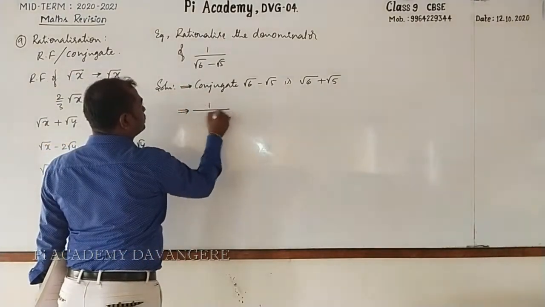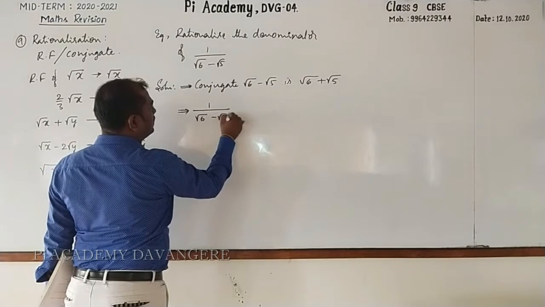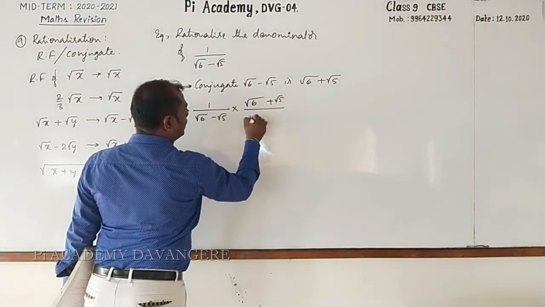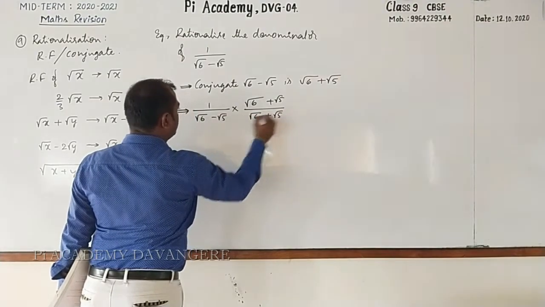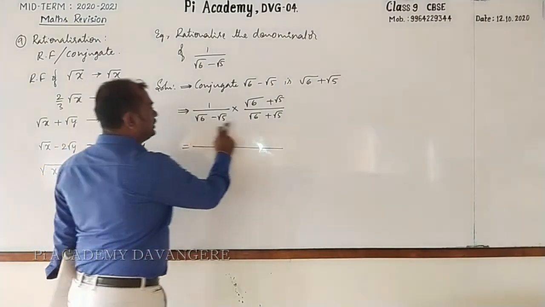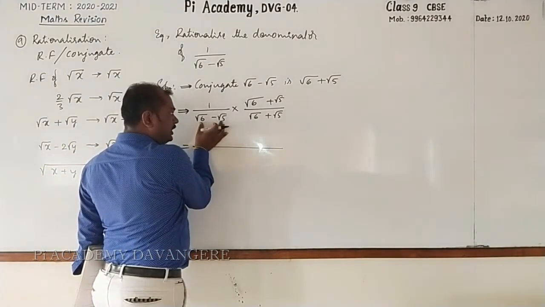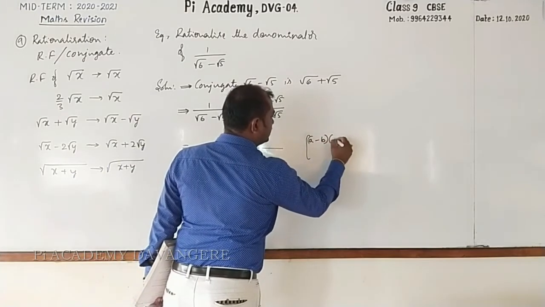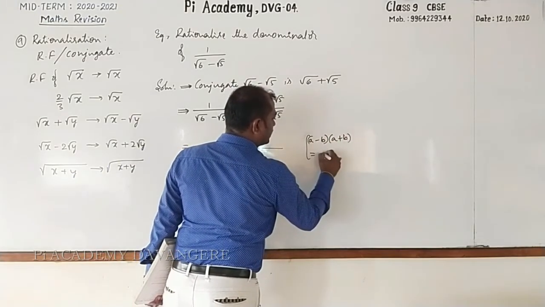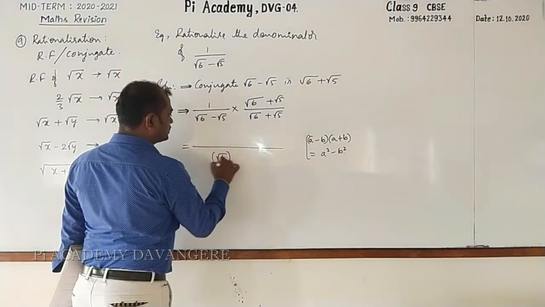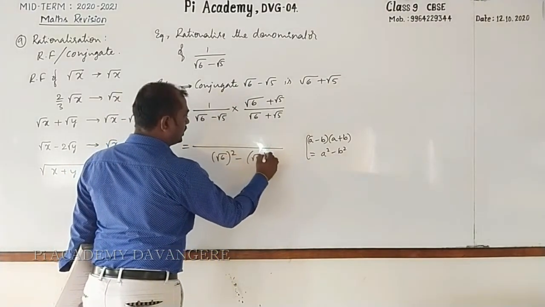The given number is 1 by root 6 minus root 5 into root 6 plus root 5 by root 6 plus root 5. Observe in which form the denominator is. It is very good. A minus B, A plus B. What is A minus B into A plus B? This is A square minus B square. Now this can be written as root 6 whole square minus root 5 whole square.